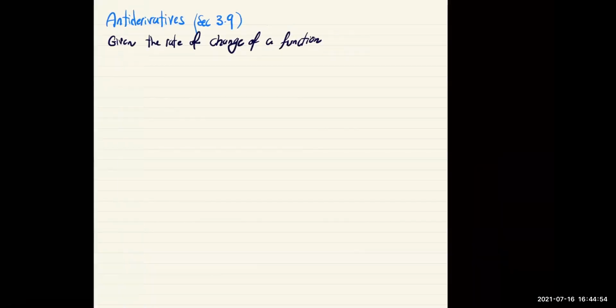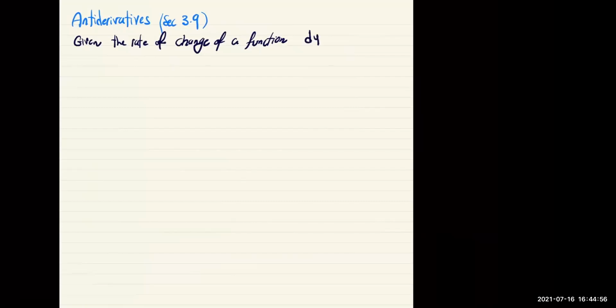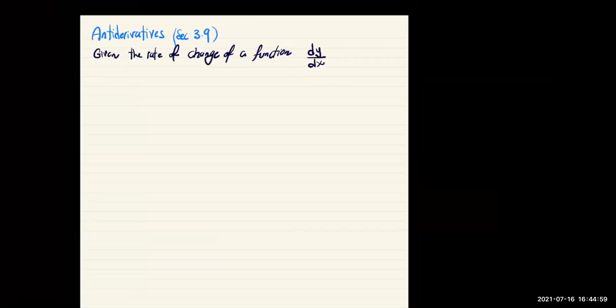Let's say that in an application, you measure the rate of change. A good question would be: given that we know the rate of change of a function, so this would be dy/dx, you know the derivative.